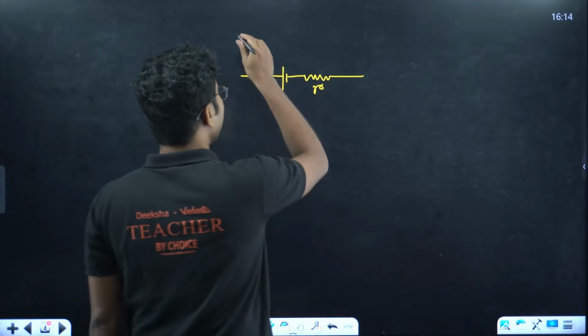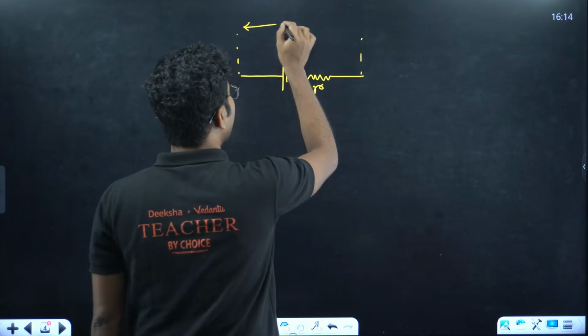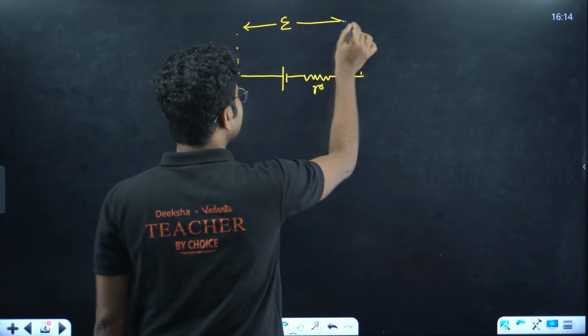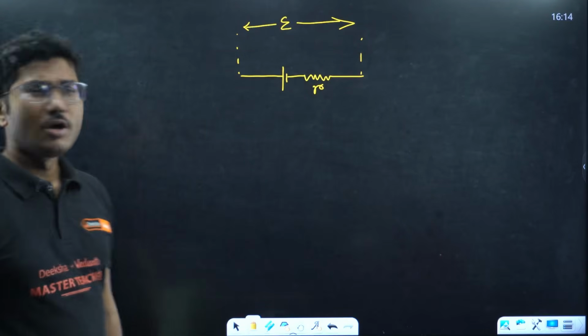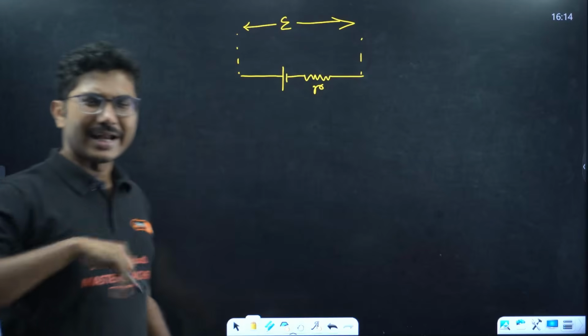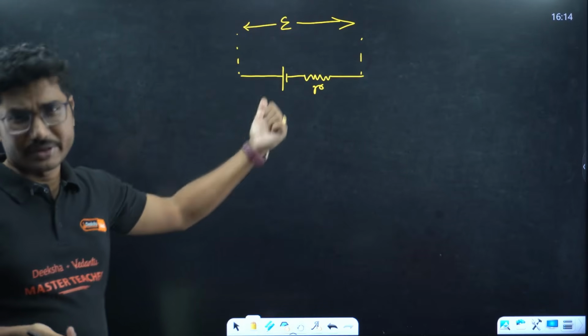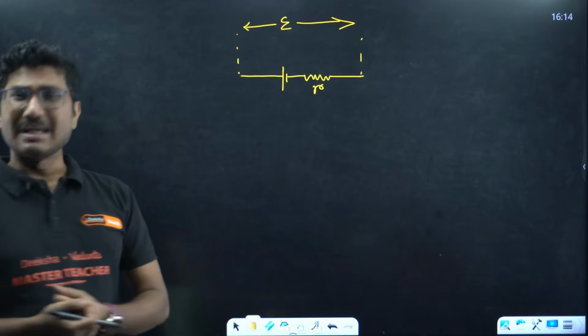If you measure using some device across this cell, you will get a value which is the EMF of the cell, generally denoted by epsilon. For simplicity we sometimes denote it by E, because writing and remembering epsilon is confusing, so you can write capital E or you can use epsilon. So this is the EMF of the cell.